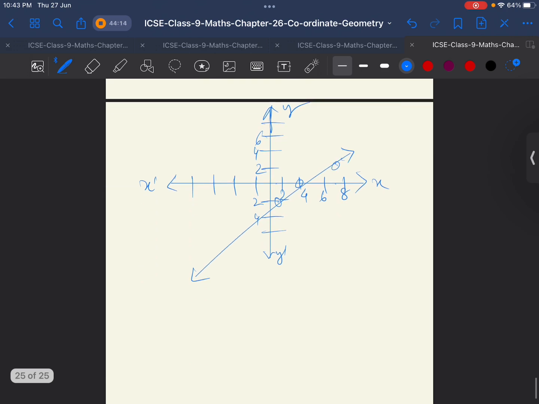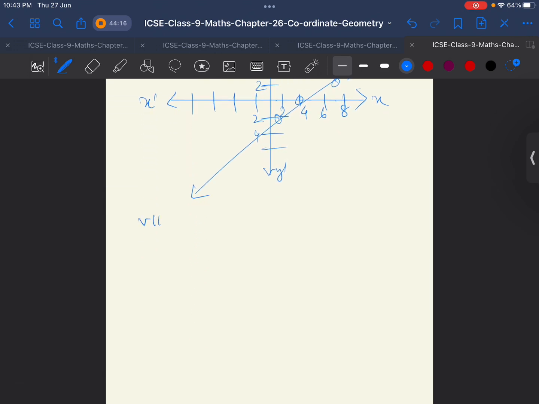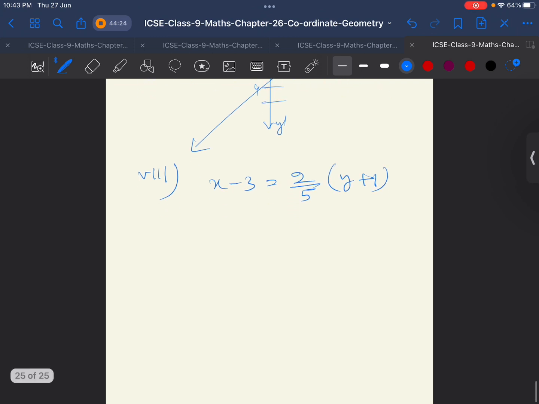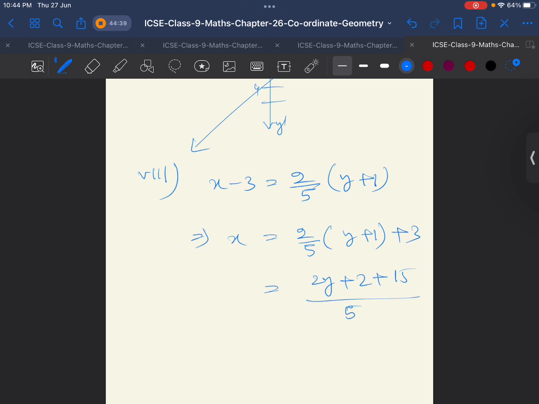Now question number 8. x minus 3 equals (2y)/(5y plus 1). Implies x equals 2y plus 2, plus 17/5.